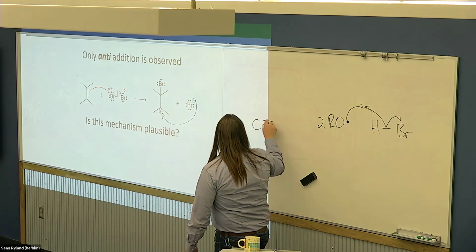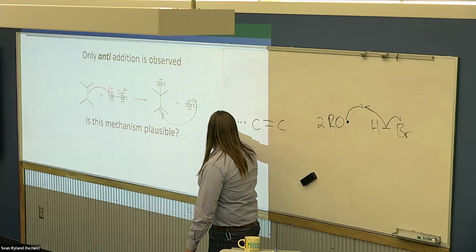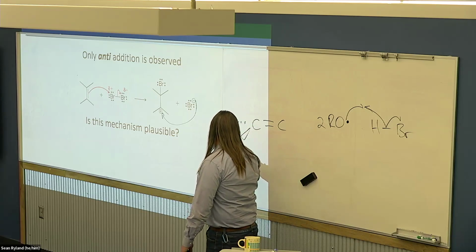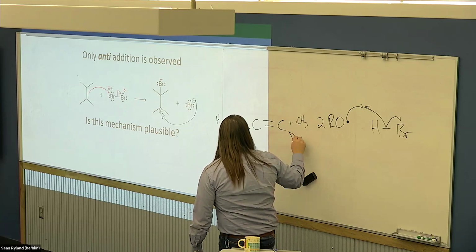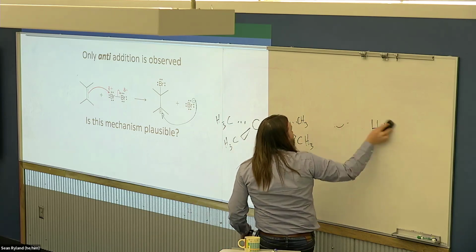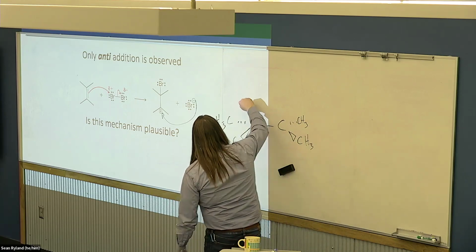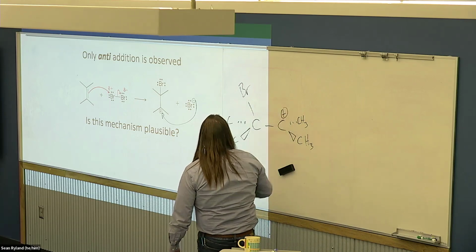Let's say we started with our pi bond here, methyl back, methyl forward on each side. This first step would break the pi bond and add a bromine here and give us a positive charge here, right?